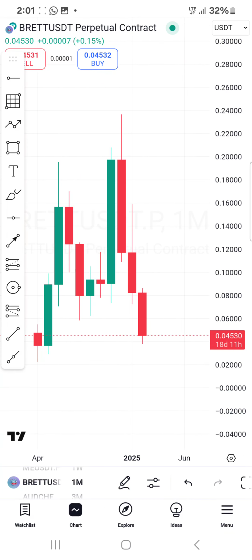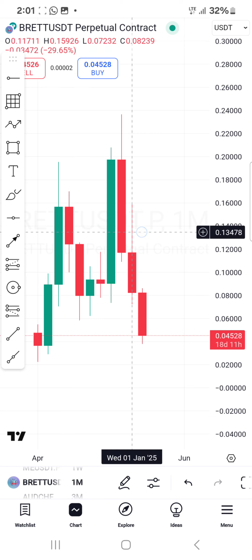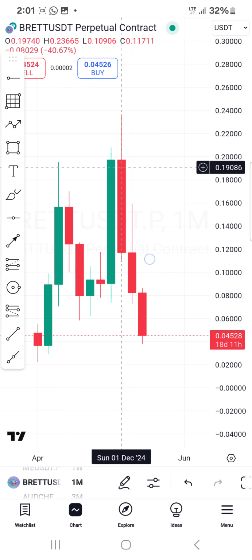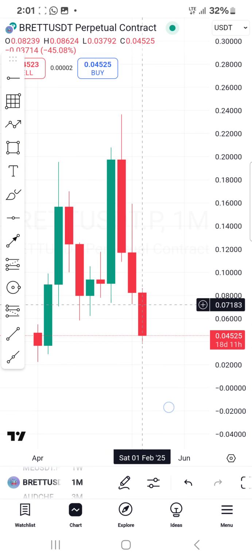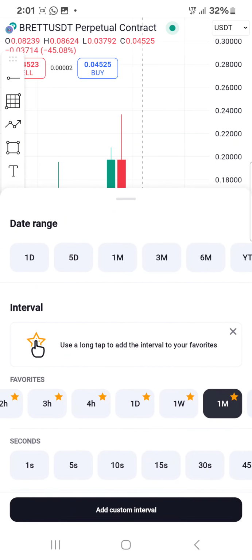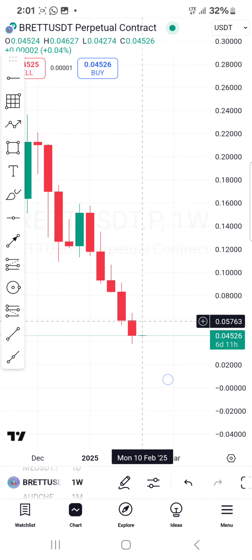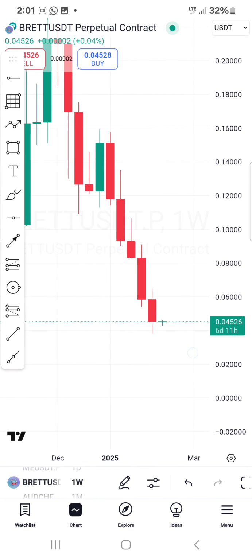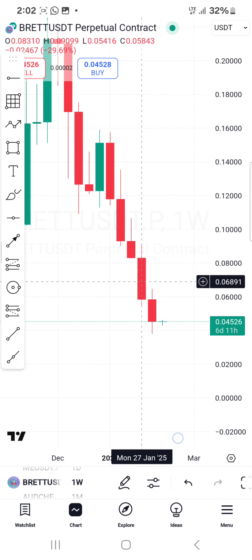For every market, it's either in two phases: either the bullish trend or the bearish trend. Not to make this video long, the place I pointed out earlier is the downtrend. It's a bearish trend. If we go to the lower time frame, you can see that we are still bearish.